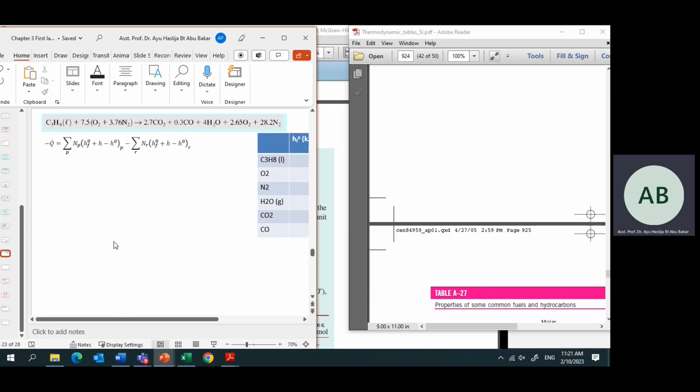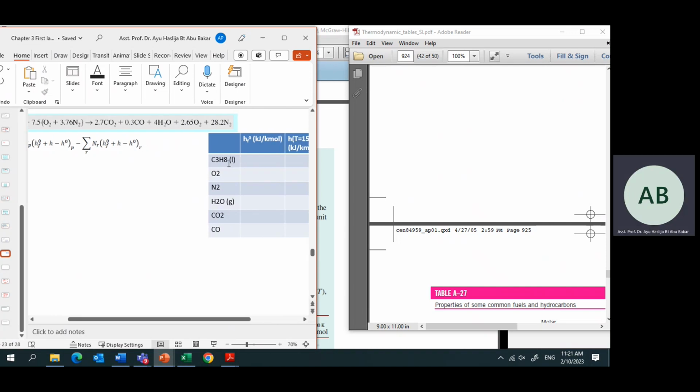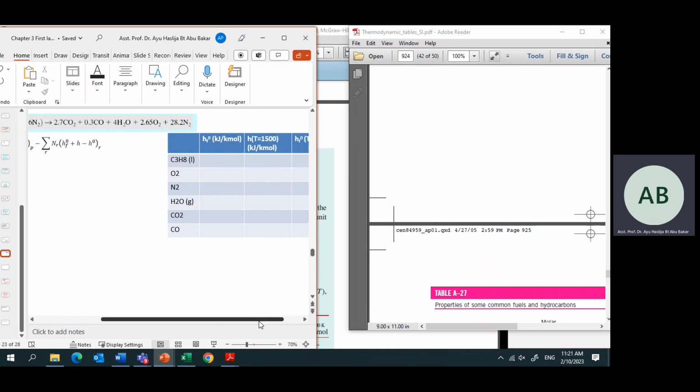We should list out all the info for the product and reactant. Our reactant is propane liquid. We skip the heat of formation of propane liquid first, because I will show the calculation.